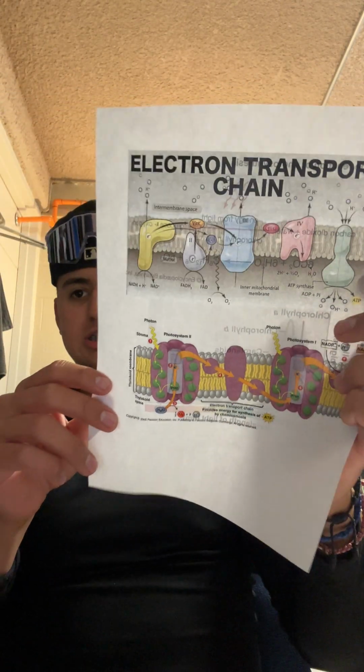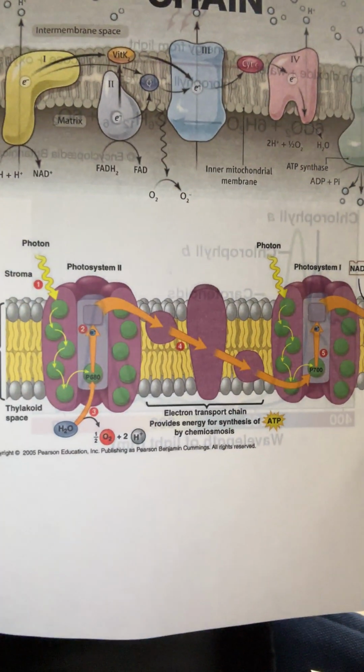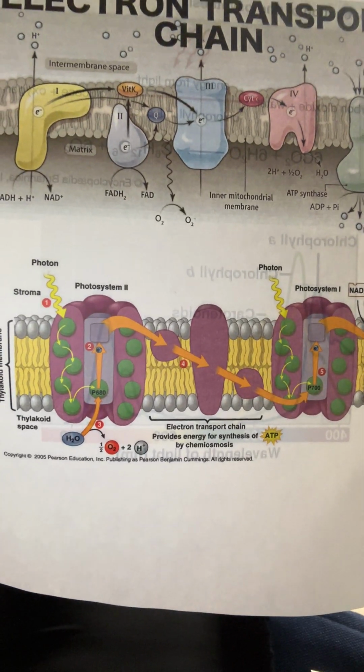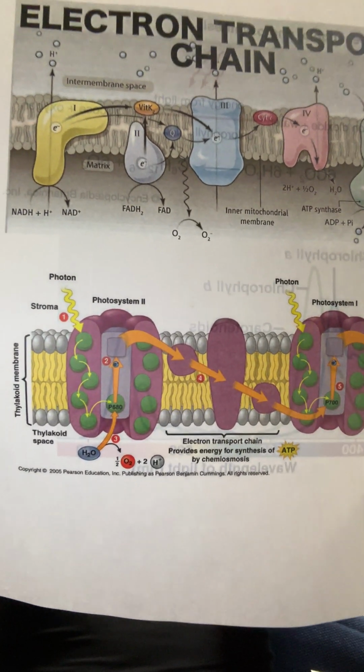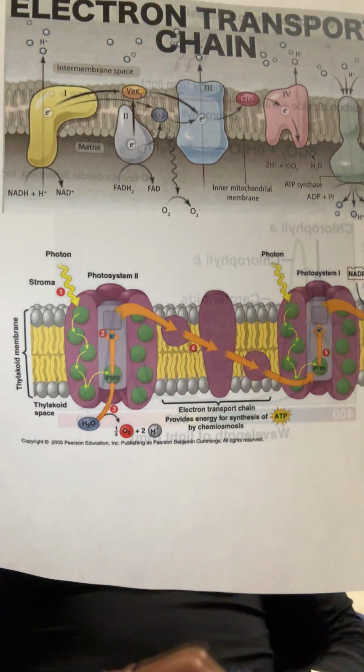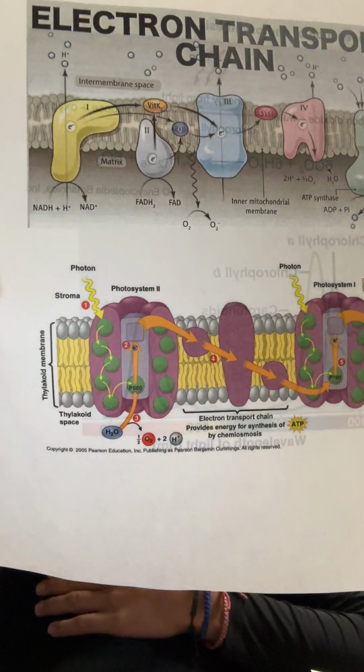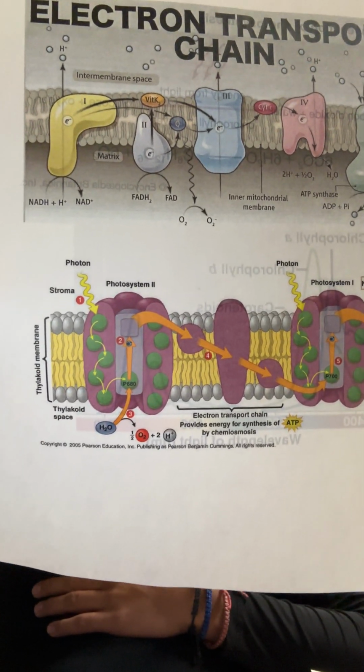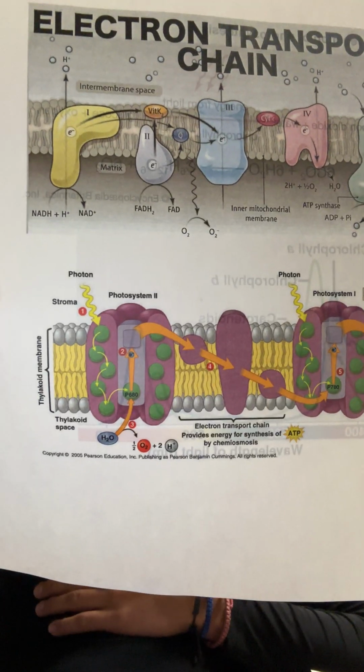Now the role of photosystem 1 and 2, and you can see these images right here. Photosystem 2, or PS2, is the first complex in the chain. It absorbs light energy, which excites electrons taken from water molecules, as this process splits water, releasing oxygen as a gas byproduct.